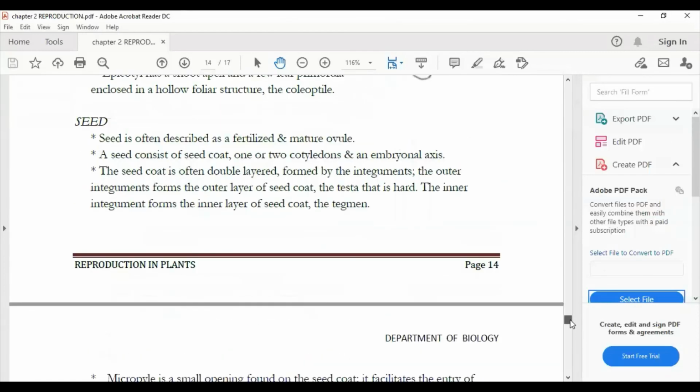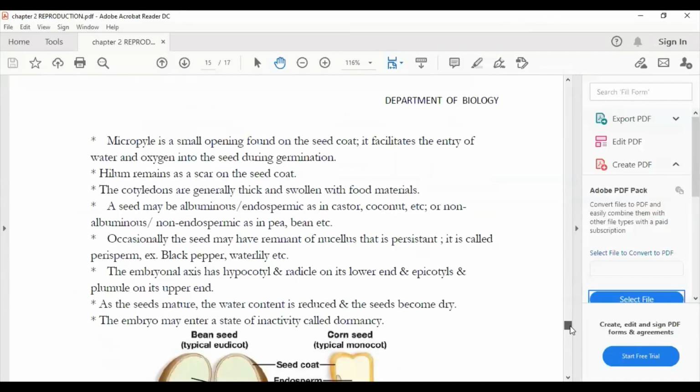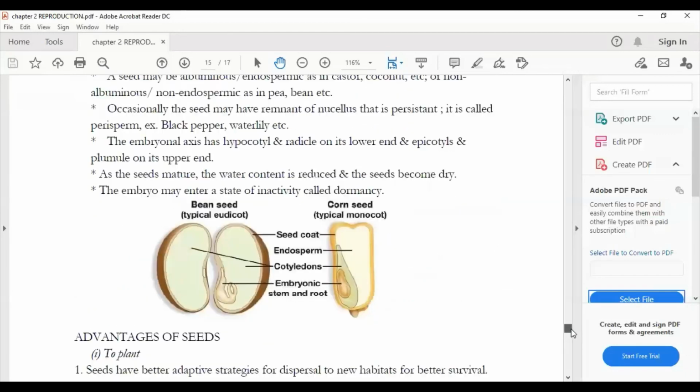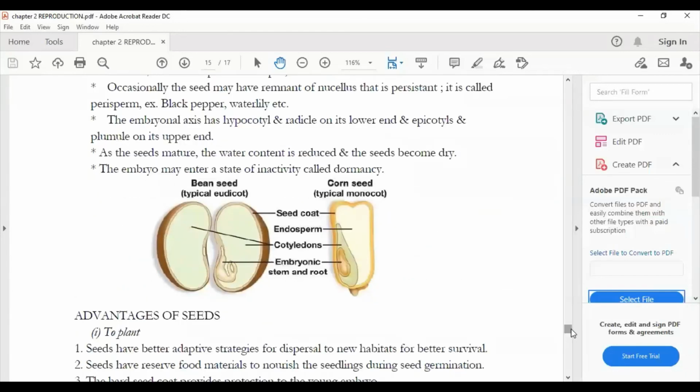Moving on to seed. Seed explanation is given and the structure of the seed has to be explained. So sometimes it will be asked for explanation where you have to write in sentences, and then this is just a diagram to show the seed part, but this will never be asked in the examination, so no need to practice.